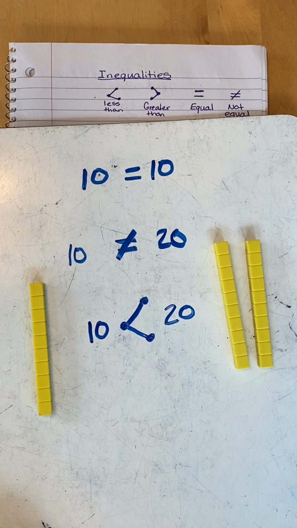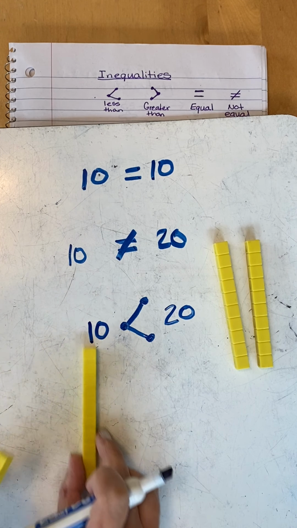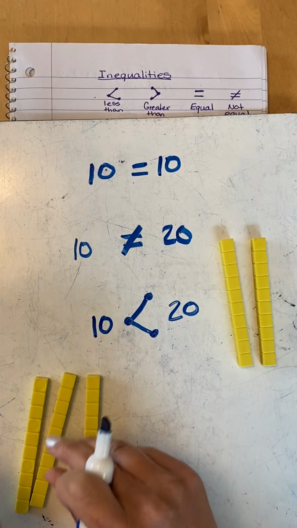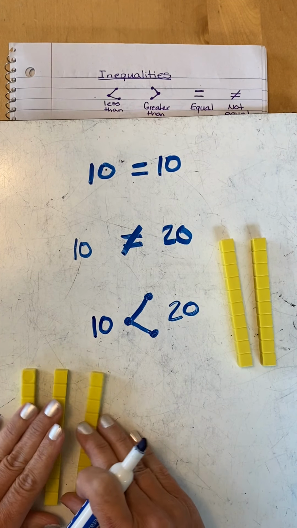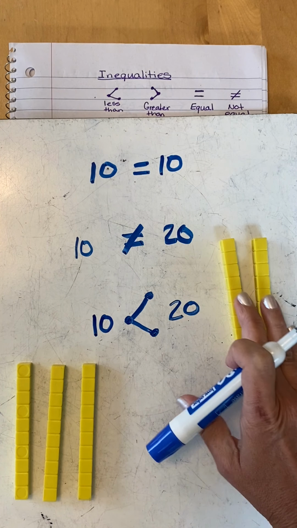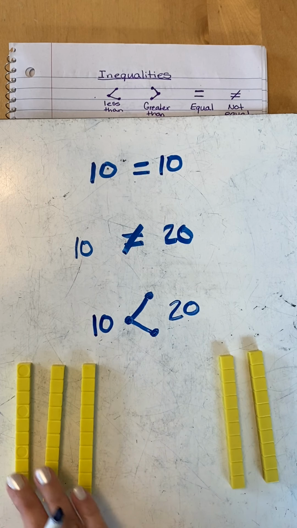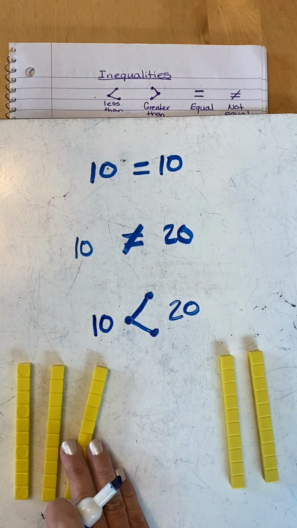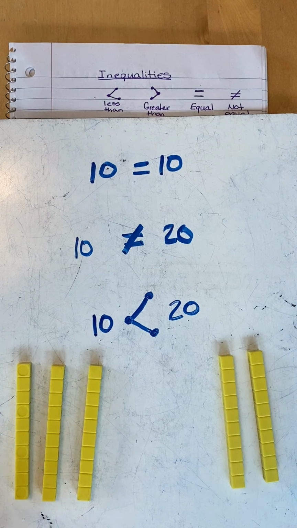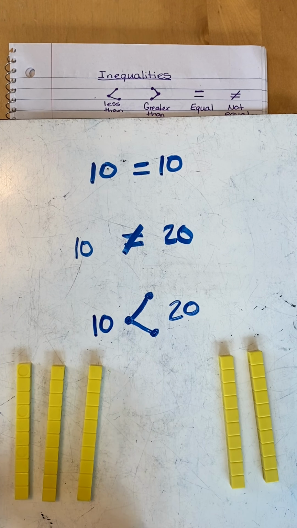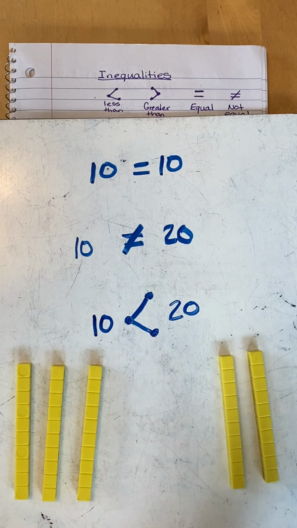But what if I now have 30 on this side? So now I have 30 on this side, but I only have 20 on this side. So now we know this is more. We know we have a greater number over here. So we want to show that in a math statement. To make it a math statement, we must use our symbols. So let's go with the points again.